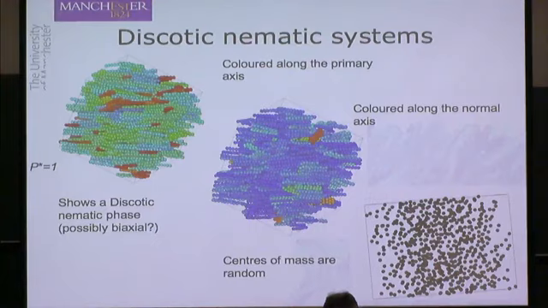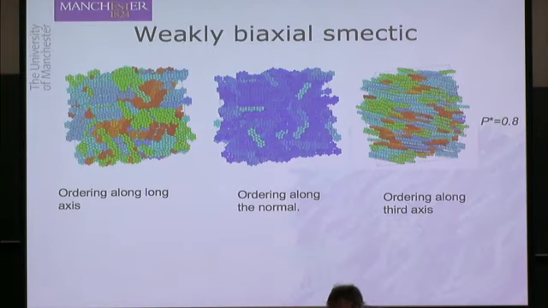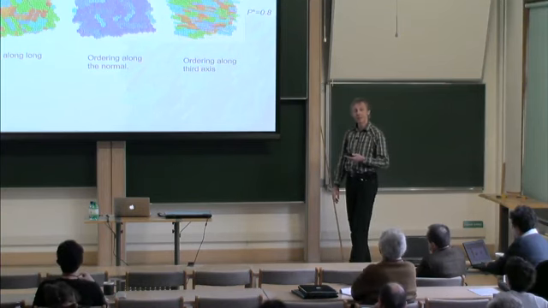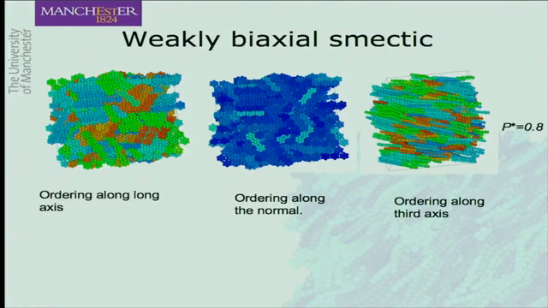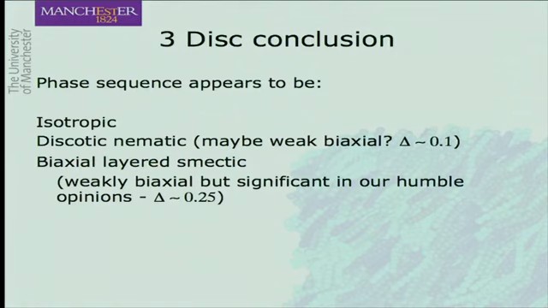If you crank it up, though, you get a smectic, again a layered smectic, but this time there is definite biaxiality in the layers. So you're getting a biaxial but layered smectic. Order parameters are round about 0.25 or so.